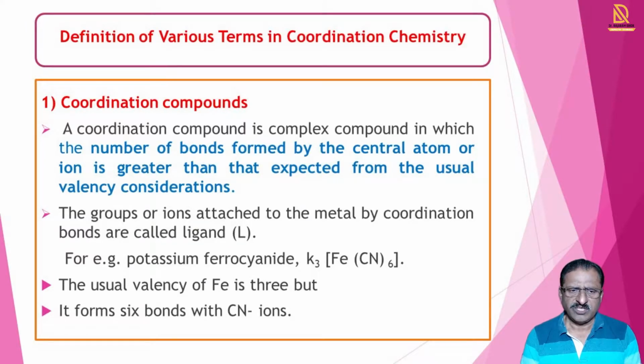Here Fe is attached to 6 CN minus ions, and the actual oxidation number of Fe is +3. So the number of ions attached is more than the oxidation number or valency of Fe, and so K3[Fe(CN)6] is a coordination compound.